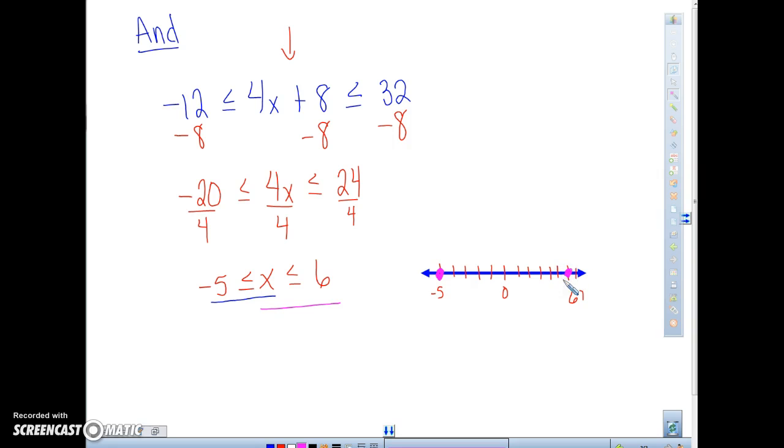Remember, it's an "and" problem, so we can only shade what's in common. It says negative 5 is less than or equal to x, or if you switch that around, x has to be greater than or equal to negative 5. That means you would be shading that way. Then this one says x is less than or equal to 6. So our variable has to be greater than negative 5, but less than 6. What's in common with that is this middle part here.